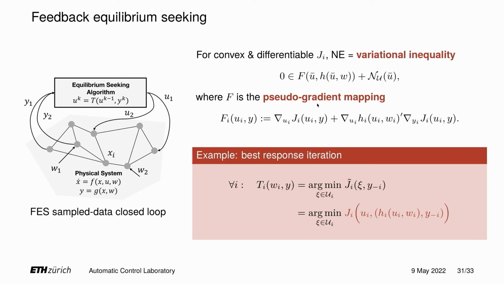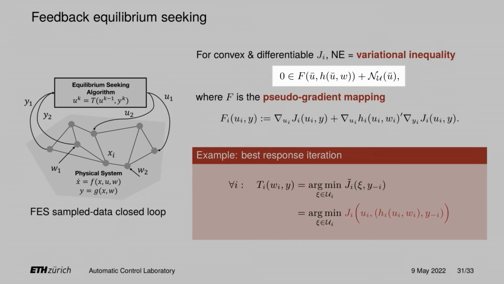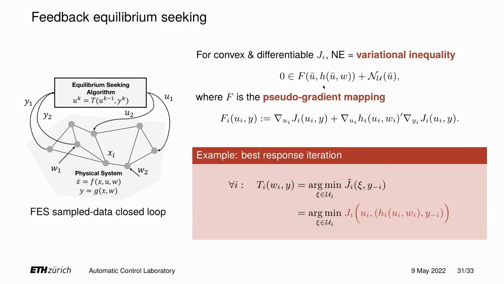And so if you look at this one, it turns out that what we've derived before, which was more or less trying to converge, at least the first-order algorithms part, to points which satisfy this one for a gradient map, so local minimum of a cost function, can actually be used to some extent also for this different variational inequality where you're working with a Nash equilibrium condition. And so what you get is an equilibrium-seeking algorithm in closed loop with the physical system.